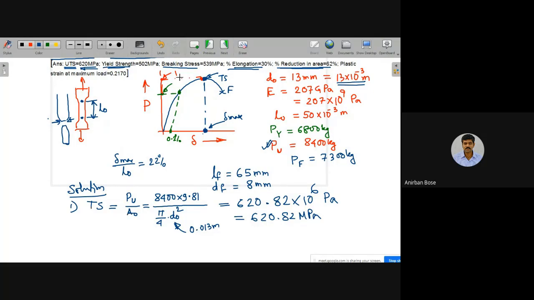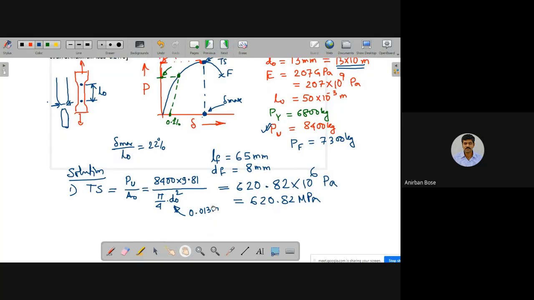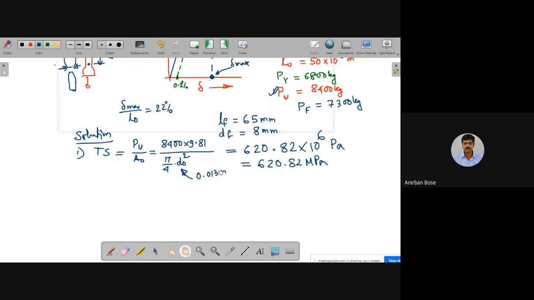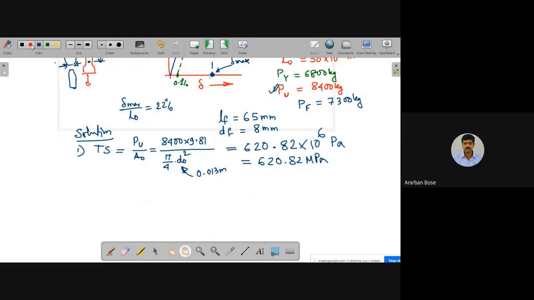Then you have to find out the yield strength of the material. So what will be the yield strength? Exactly in a similar way, you know that the yield strength of the material is equal to P yield divided by the initial area.